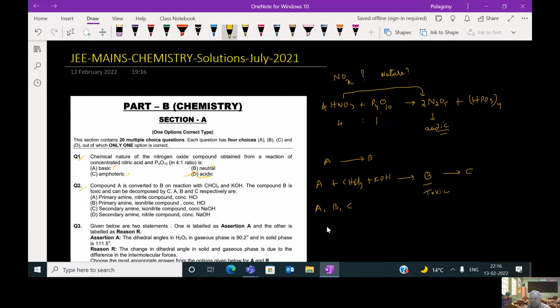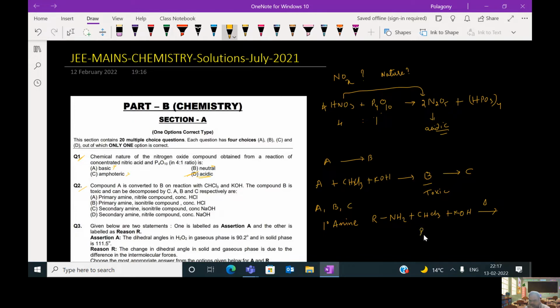So definitely A compound is a 1 degree amine, a primary amine. You can take RNH2 plus chloroform CHCl3 plus KOH, upon mild heating.